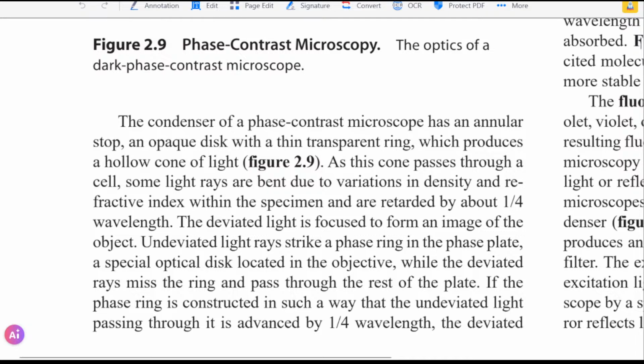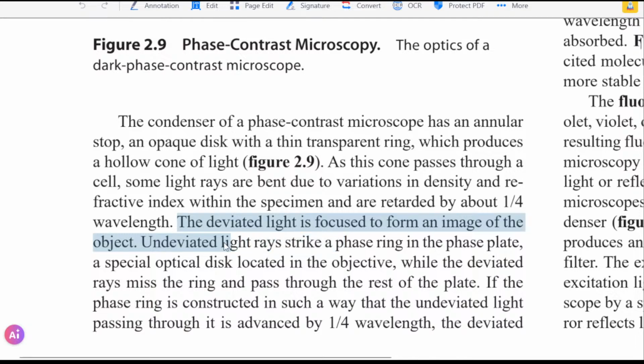I think they are saying the fourth part of the whole wavelength is retarded. So the deviated light is focused to form an image of the object.